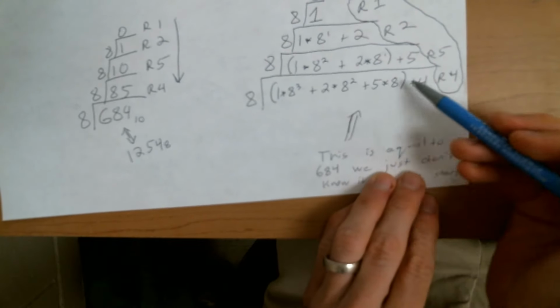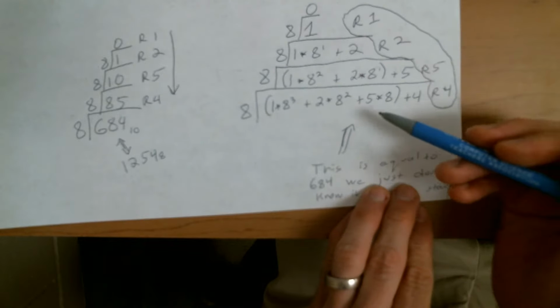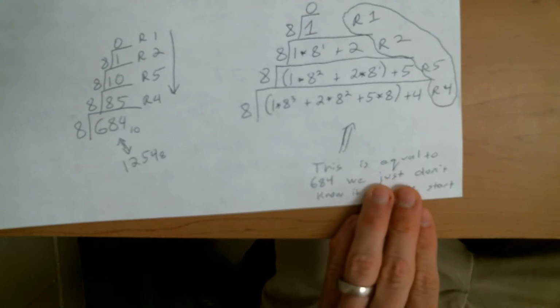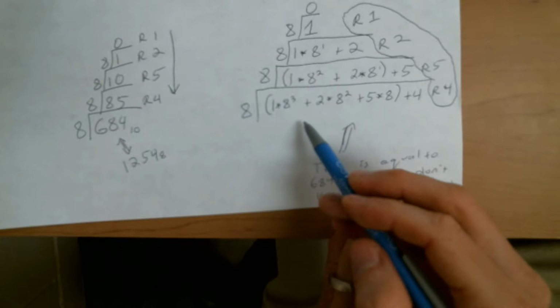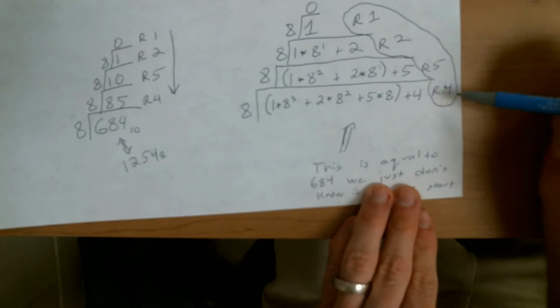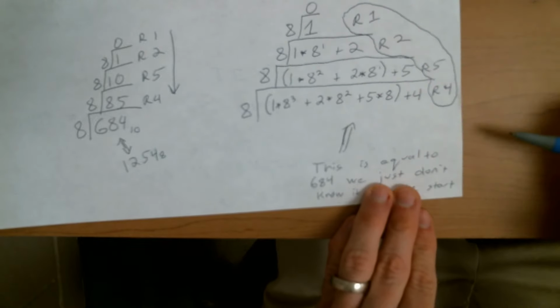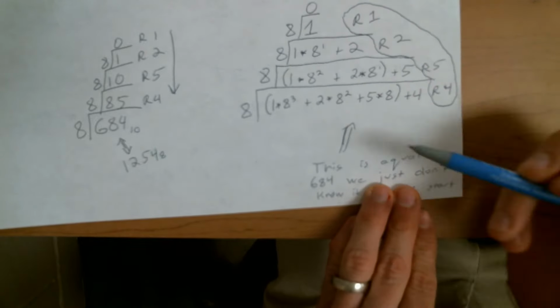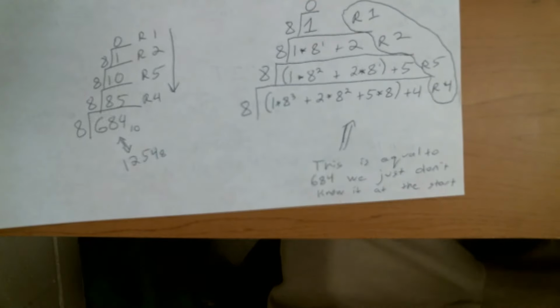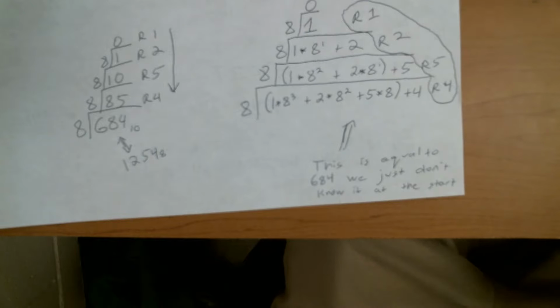So again, you don't need to do it this way. This is just showing you why this works. So it's not just some magic process that we do. We're basically just pulling out the powers over and over again and focusing on what's left over. And that's letting us break it down into base 8. So again, just some insight into why all of that works.